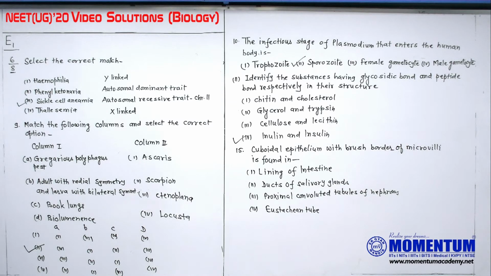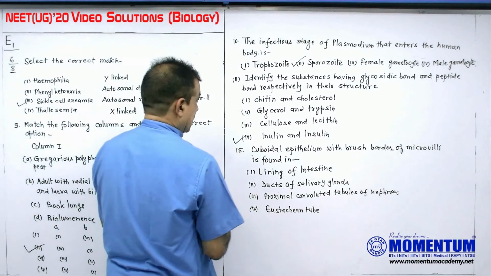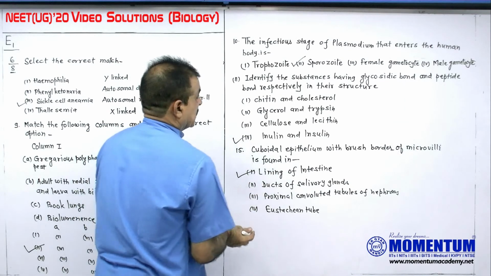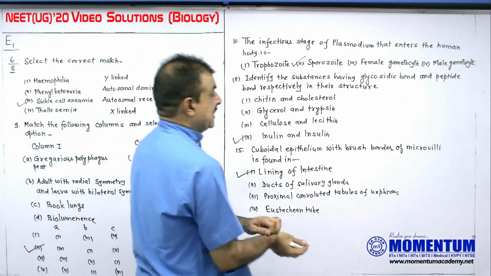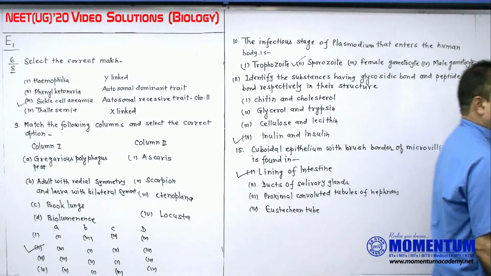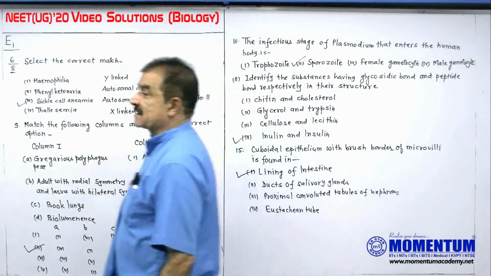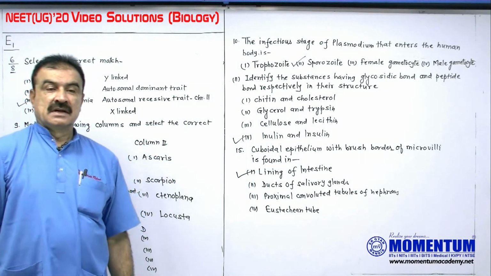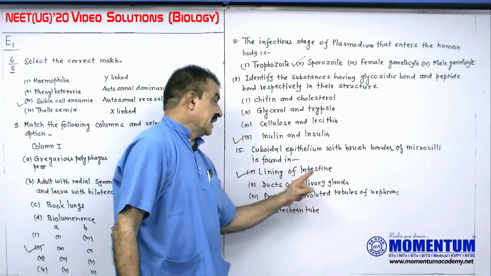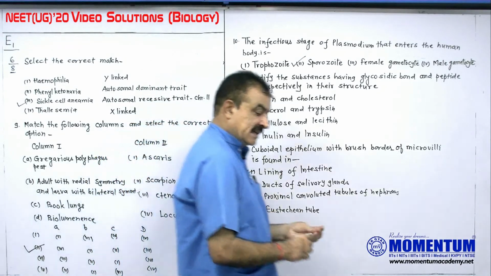And you know, you will find the answer, that is 1. It is in the lining of the intestine. Cuboidal epithelium with brush border of microvilli: microvilli increase the surface area, and where surface area is required, that is the intestine.